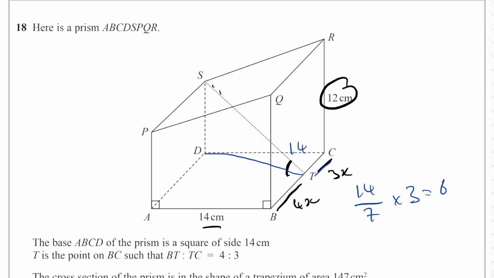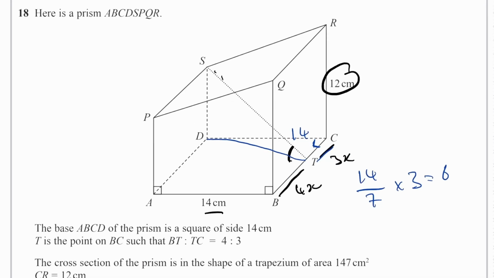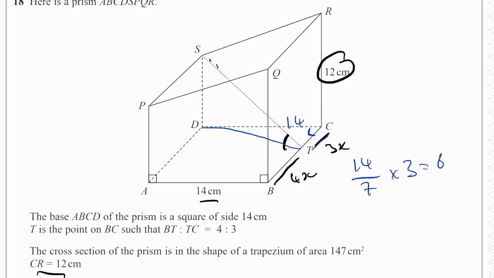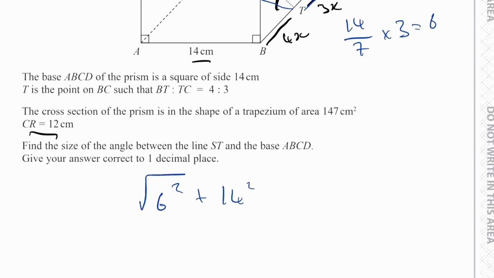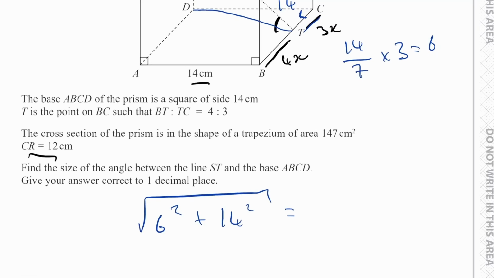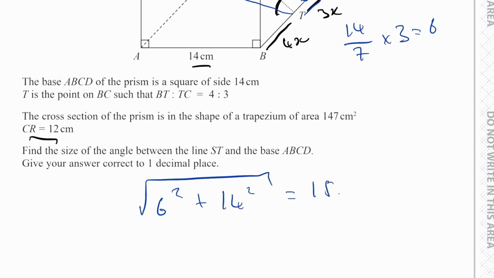So then to work out the length T to D, we've got two sides and we recognize that this is going to be a right angle. So this is a right angle triangle, so we can use Pythagoras. We've got two sides and we want to work out the next side, which happens to be the longest side. So let's come down here. C to T was 6, so 6 squared plus 14 squared, which was the length of the other side, all square rooted, will give you the length of the side T to D. If you put that in your calculator, you should get 15.2 and so on.